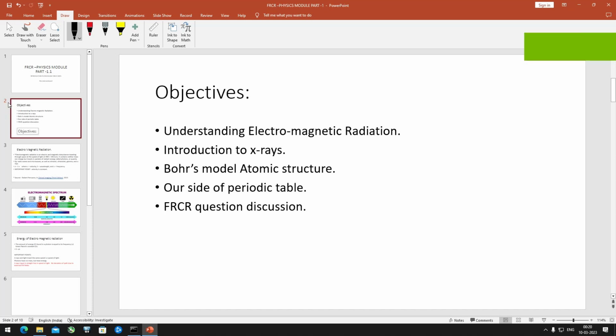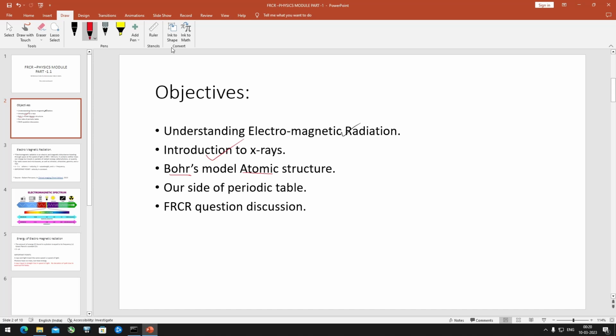So today's discussion objectives will be to understand electromagnetic radiation and an introduction to X-rays. We will be discussing atomic structure, Bohr's model of atomic structure, and the important elements in the periodic table for us as radiologists and radiotechnologists.